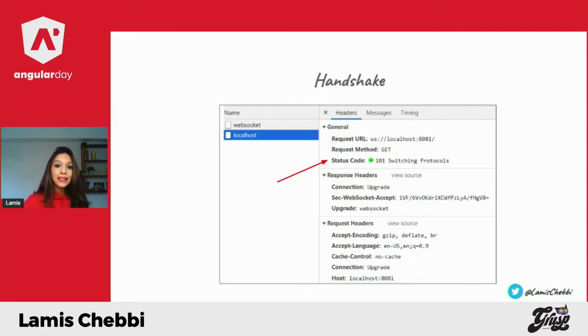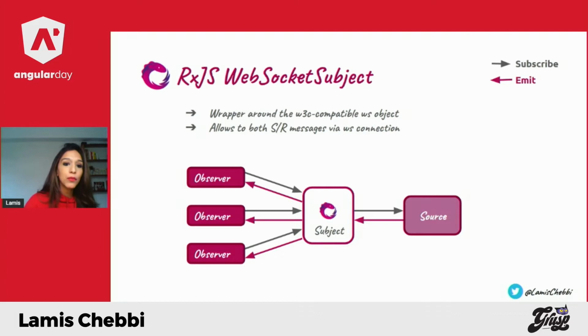Yeah, and the RxJS WebSocket subject is a wrapper around this W3C comparable WebSocket object available in the browser, available in the HTML5 specification. And it allows you to both send and receive messages through WebSocket connections.